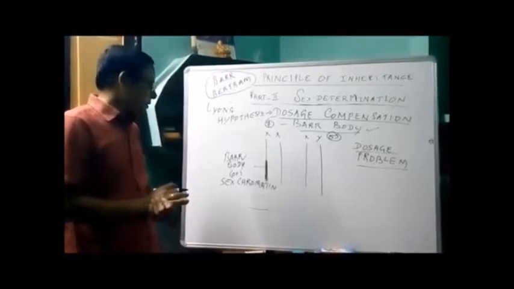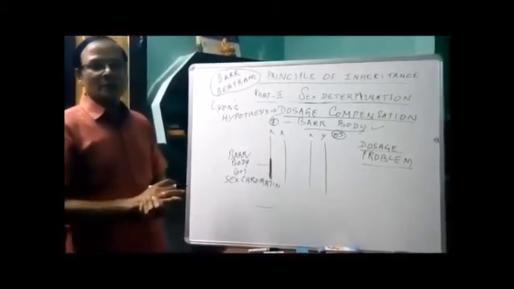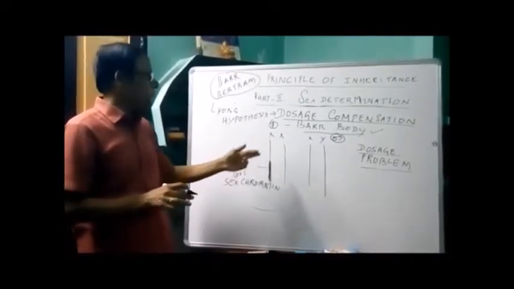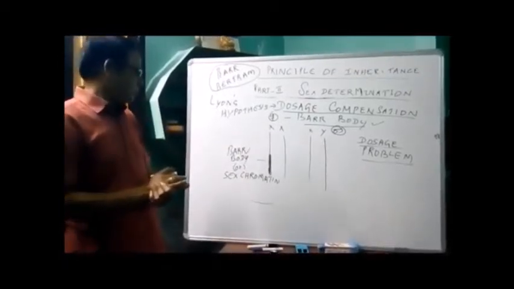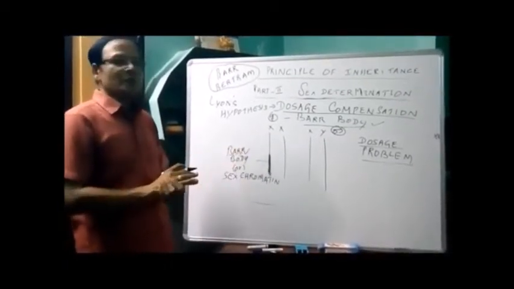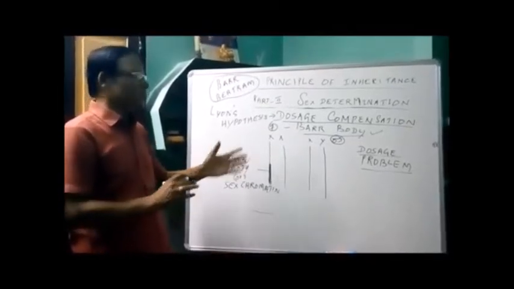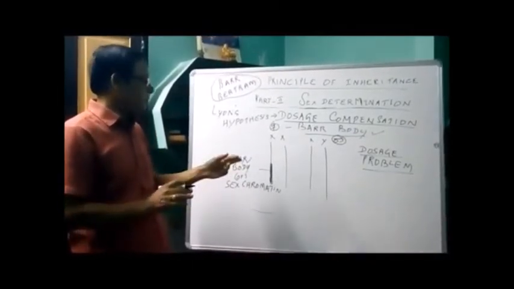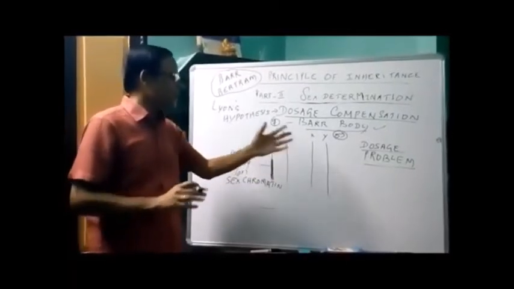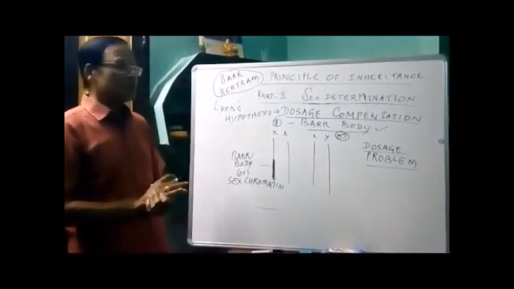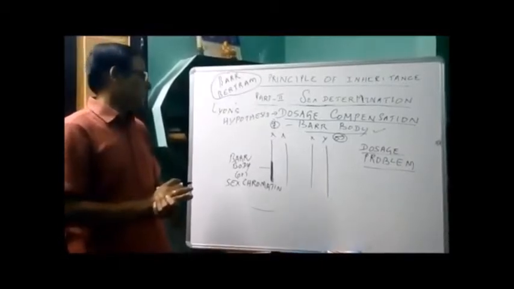Now, Barr body is a sex chromatin or heterochromatin present in one of the X chromosomes of female, not in male. The presence of sex chromatin inactivates that X chromosome. So now the females have only one active X chromosome, similar to the one active X chromosome of male. This is called dosage compensation.